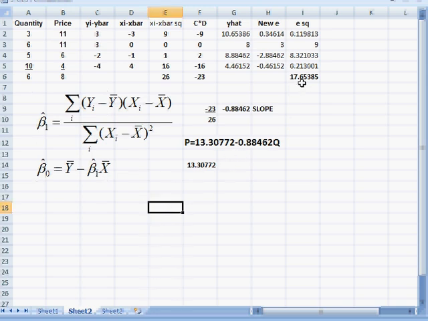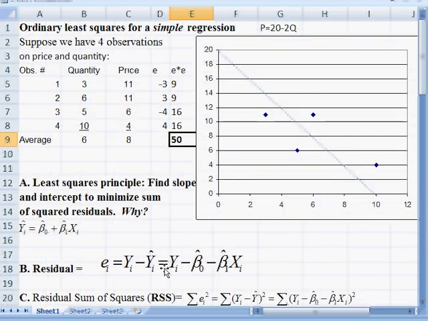So let's graph this line, this equation, 13.3 minus 0.88462. It's going to start at 13.3 on the y-axis, the y-intercept, and we just need one more point. What if x equals 10?